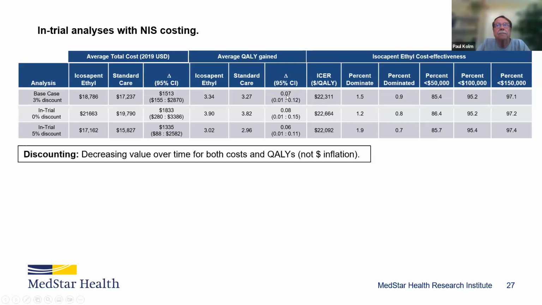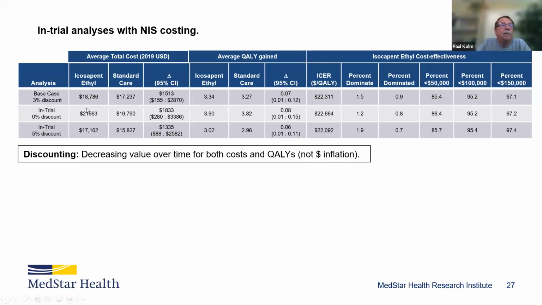And then we present here what's the percentages of the bootstrap replicants that are dominant, that are dominated, that are less than $50,000, less than $100,000, and how many or what percentage are less than $150,000. So you can see at the $50,000 level, we have 85%, and then at 100,000 up, it's 95% and over.